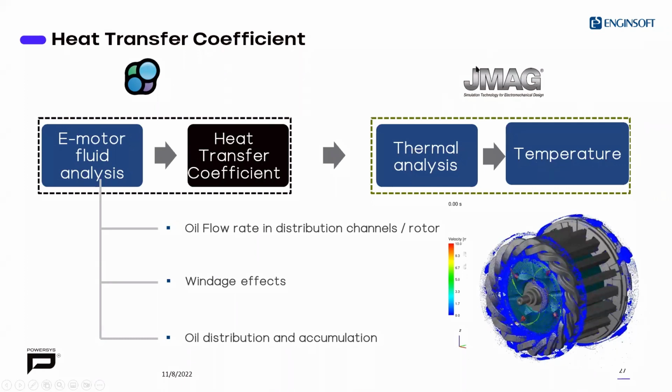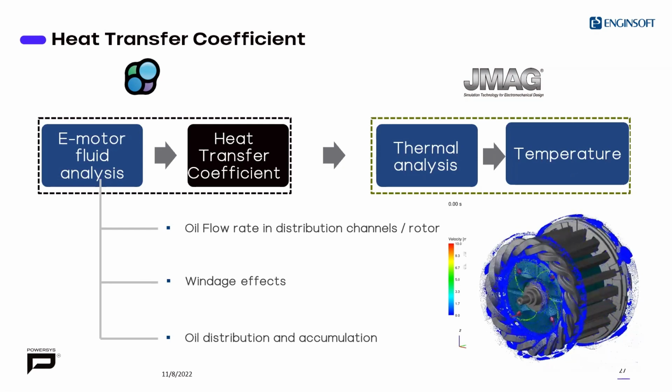Here you can use GEMEX. GEMEX is a finite element simulation tool that allows you to design and simulate any type of electrical machine. From GEMEX, you can create a thermal analysis, import the HTC distribution map, and then run the thermal analysis to confirm the temperature distribution of the end winding.